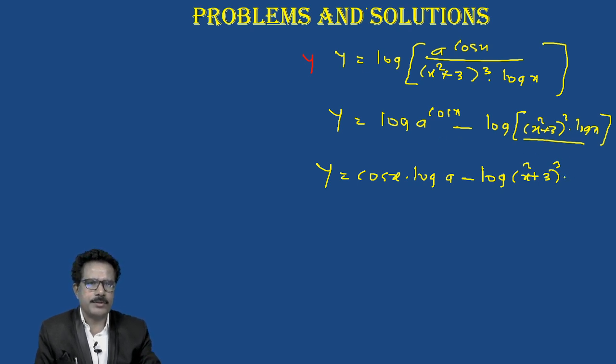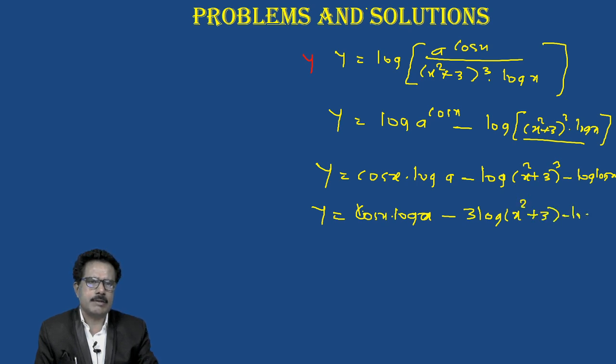Due to this minus, we can write minus log of log x. Therefore, y equals cos x into log a minus 3 log of x square plus 3 minus log of log x. Now this is the total simplification.